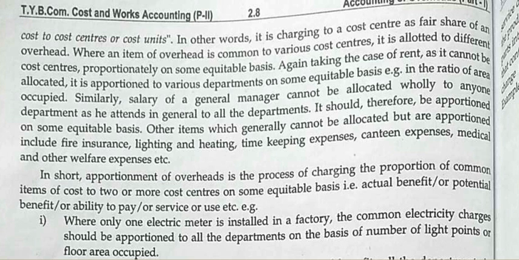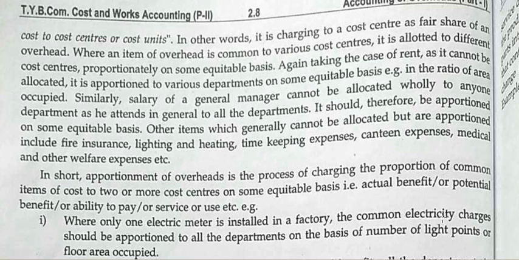That distribution is called apportionment, making small parts of the total overhead expenditure. Now on what basis do we divide it? On the basis of the floor area occupied. Similarly, the salary of a general manager cannot be allocated wholly to any one department, as the general manager attends all the departments, so it should be apportioned on an equitable basis.